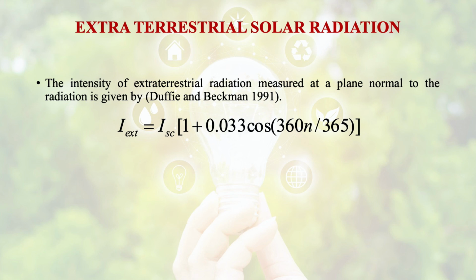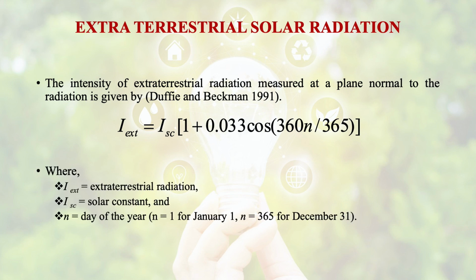So I_EXT, that is extraterrestrial radiation, is equal to solar constant multiplied by 1 plus 0.033 cos(360n/365), where n is the day of the year. So it is 1 for January 1 and 365 for December 31.